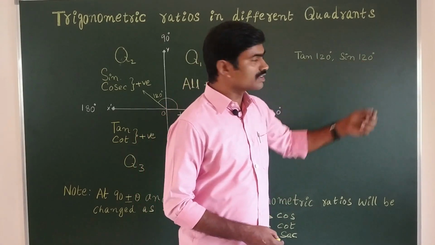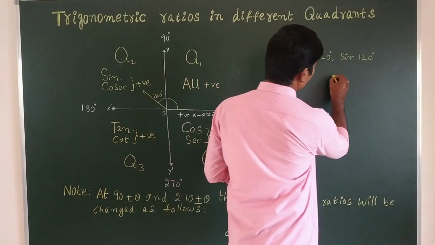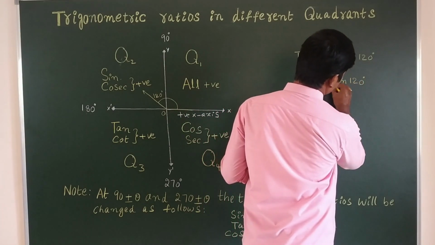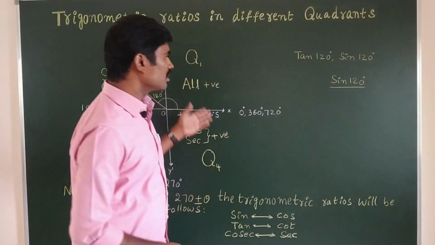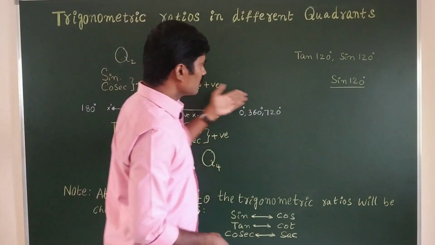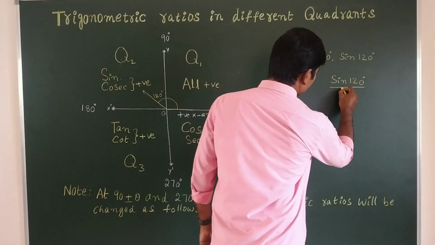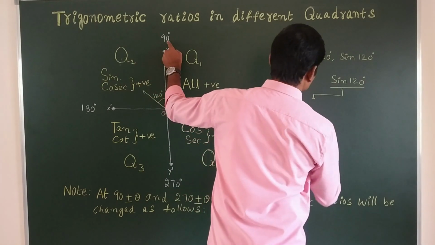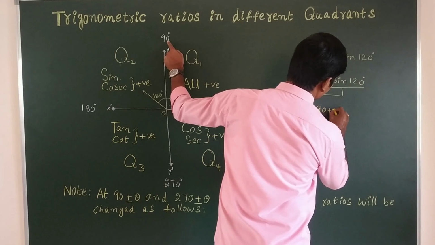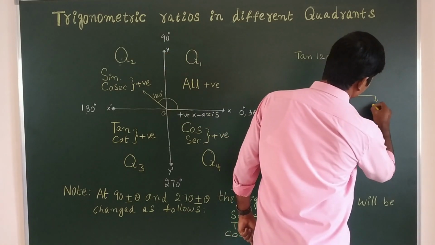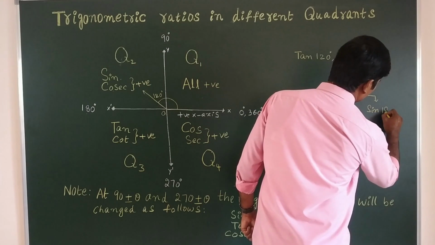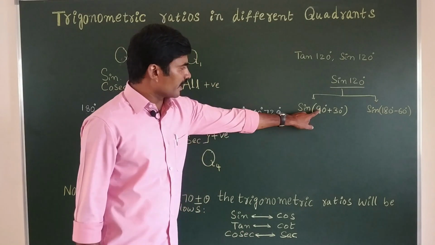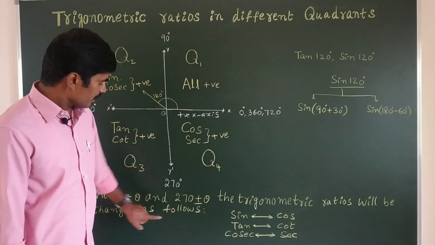Next angle is sine 120 degrees. To find sine 120 degrees, it has two methods. Sine 120, we can write sine 90 plus theta or sine 180 minus theta, in the previous way. So sine 120 degrees we can write as sine of 90 plus 30 degrees, or sine of 180 minus 60 degrees. At sine 90 plus or minus theta, the ratios will be changed.